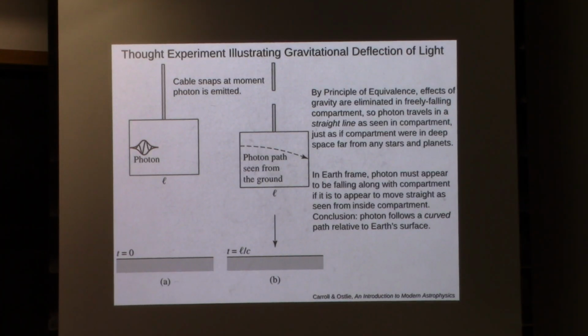It doesn't have a whole lot of time to fall very far in 30 nanoseconds. Similarly, if you're in a car and there's a hole in the road, if you go very slowly, you'll go right into the hole. But if you go fast enough, you'll jump over it essentially.